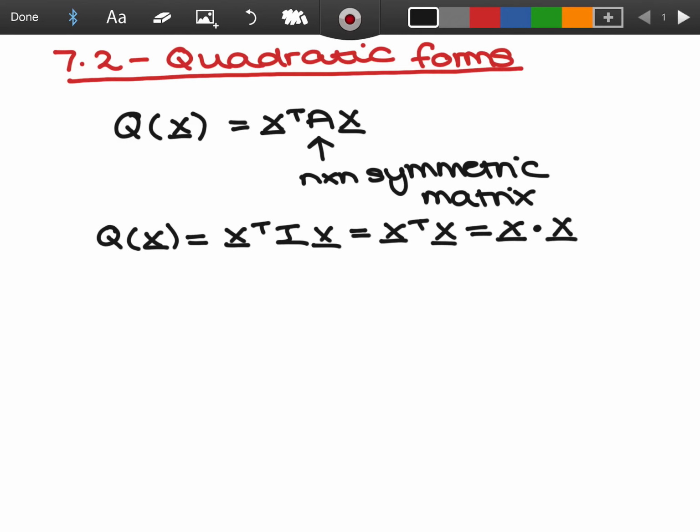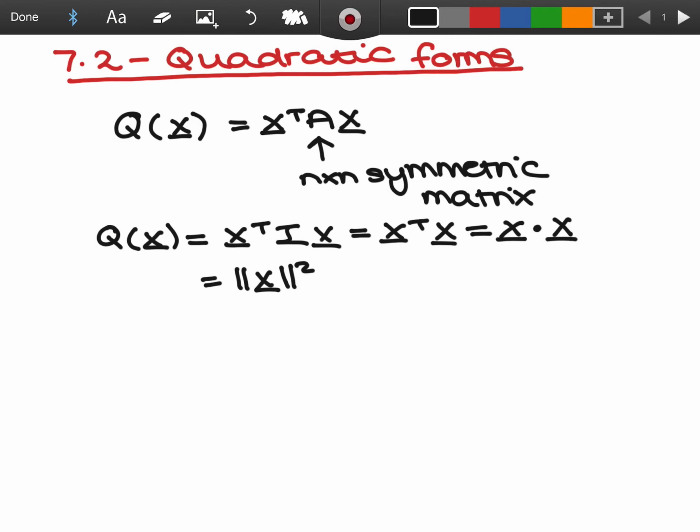If you think about when we do the dot product, this can also be seen as just the magnitude of x squared, because remember, when we take the magnitude, we're going to be multiplying each element in x by itself, and then we're going to square root, okay? So in this case, I'm just not square rooting, so if I take the dot product of x with x, I'm going to get the magnitude of x squared.